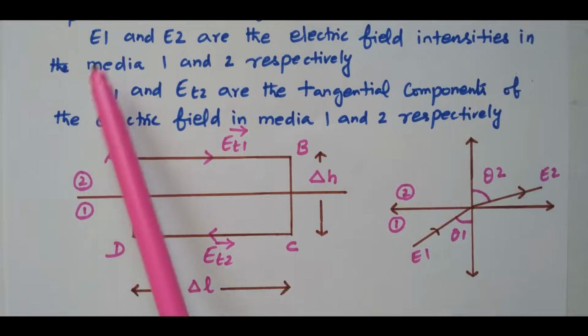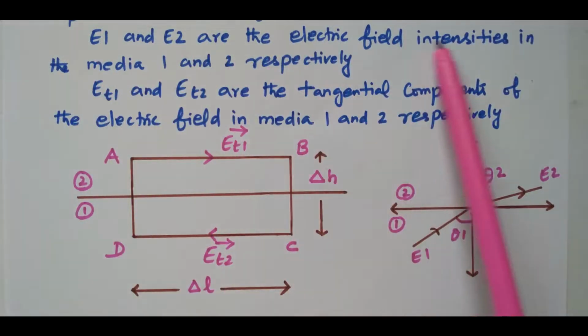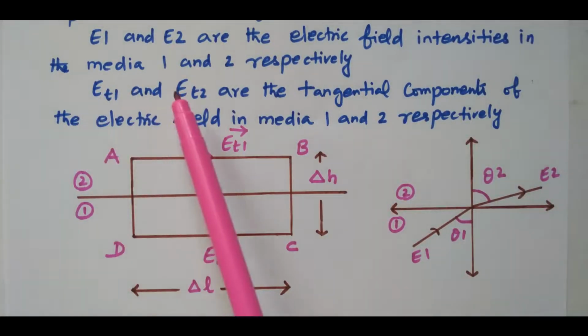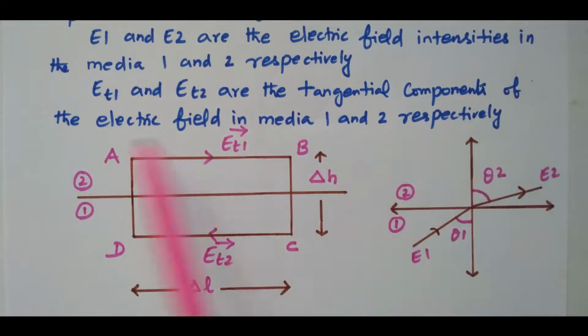E1 and E2 are electric field intensities in media 1 and 2. ET1 and ET2 are the tangential components of electric field intensity in media 1 and 2. Now we need to verify whether ET1 and ET2 are equal. Another thing, there is no charge sheet available. In the first boundary condition we placed one charge sheet. Now we have not placed any charge sheet here.